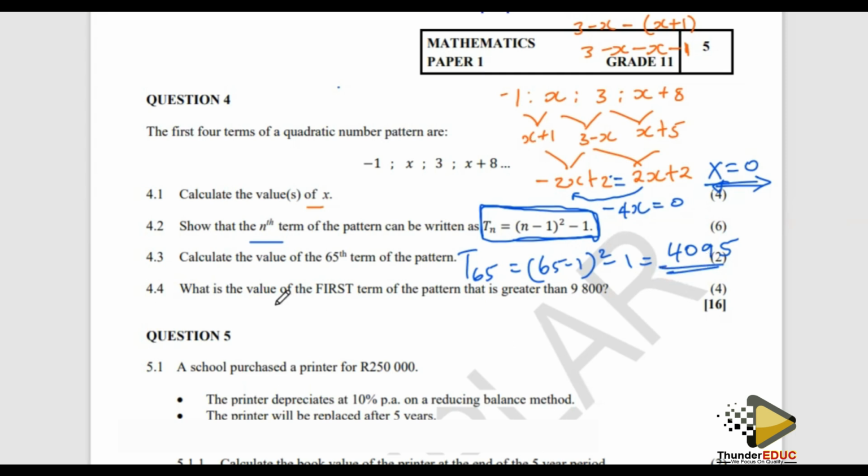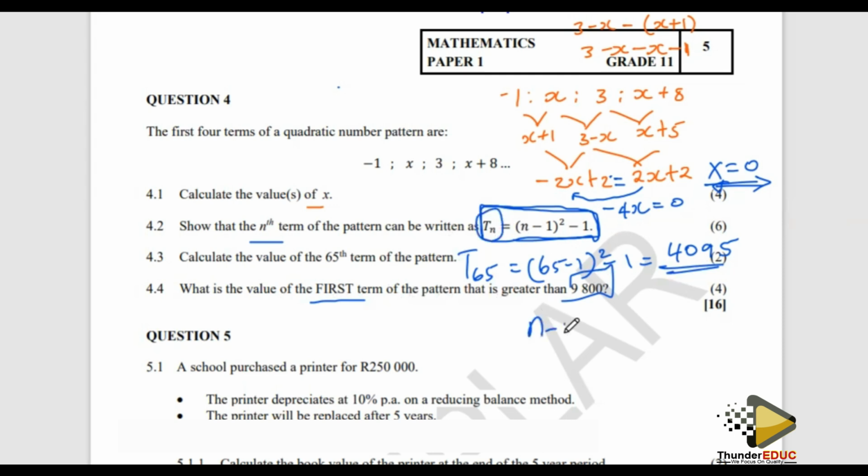Then what is the value of the first term of the pattern that is greater than this? So if I have my Tn as this, I'll use the inequality.